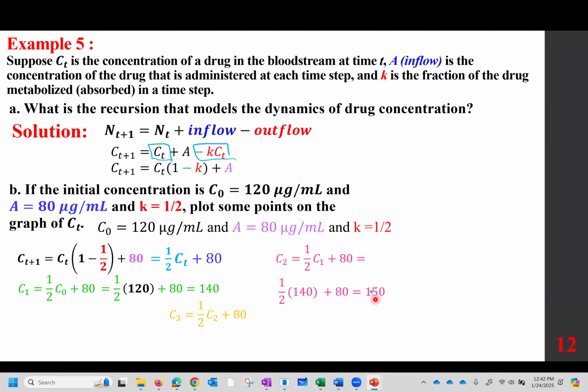So half of this, the one before that, half of this, 75 and 80, 155, and you can figure out the rest. Now that we have those, we can plot those. Of course, there is more here, but the idea is that in order for you to plot, you have to have a few of it.